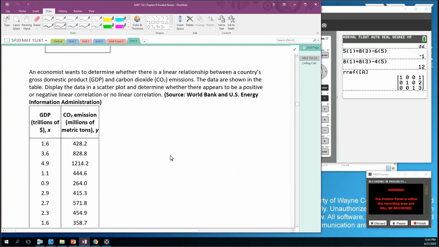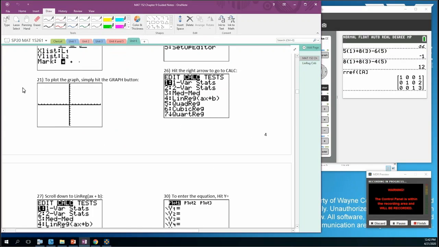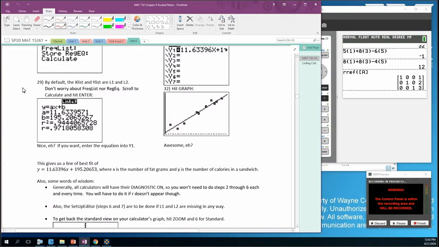Now, let's say an economist wants to determine whether there's a linear relationship between a country's gross domestic product and carbon dioxide emissions. We're going to do a scatter plot, and I'm also going to do the correlation. These notes tell you how to do that.